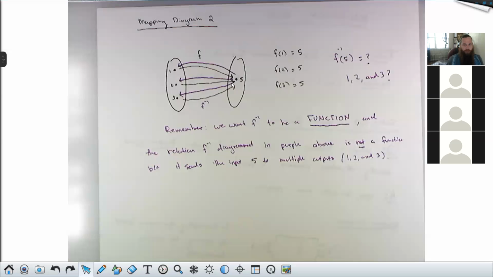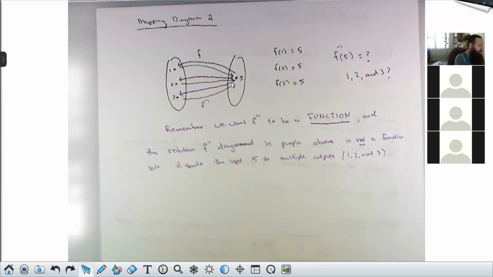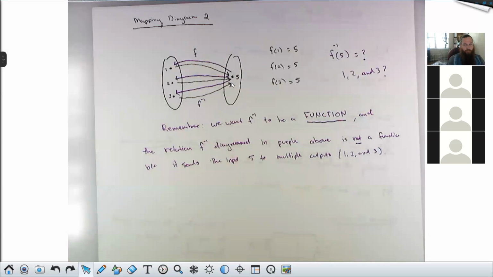So one of the things we'd like to do is say, what traits does the original function F need to have in order for that inverse mapping to also be a function? In other words, can we compare this mapping diagram to the previous one and see why the previous one had an inverse function and this one doesn't? For each input, they have their own output.